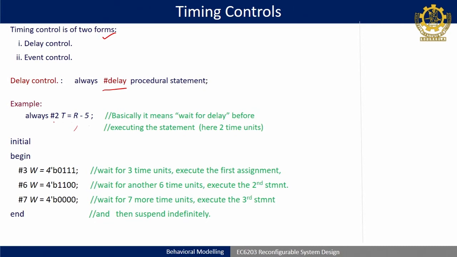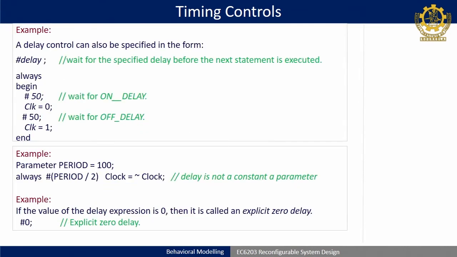This is one sort of timing delay. Another example, which we already did many times: after 3 time units w will get a certain value, again 3 plus 6, 9, w will get another value, then 9 plus 7, 16, w will get another value. We did delays many times in lab classes also. So, this is about delay timing controls.